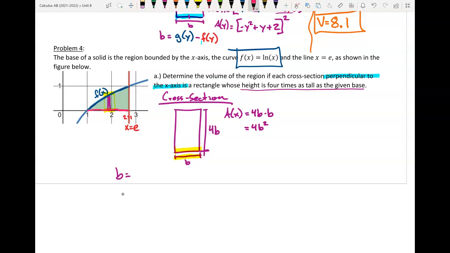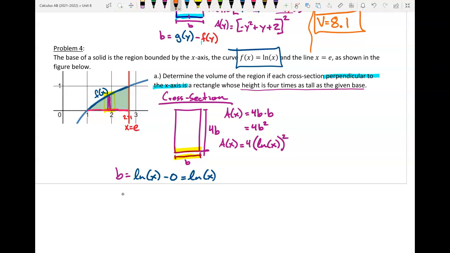So top minus bottom, my base would be ln of x minus 0, or just ln of x. Pretty nice. All right, so then we can express our area function. A of x is just 4 times ln of x, squared.